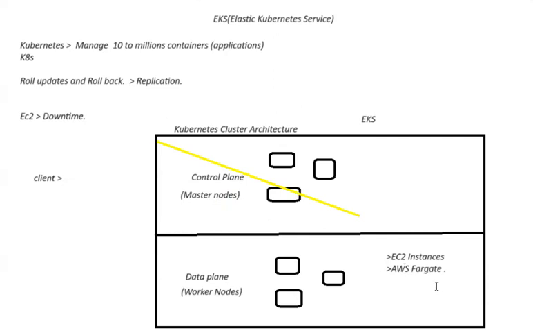If you choose Fargate, there is a high probability that your architecture will have high availability and be highly scalable. Since you have high availability and scalability, can I say the architecture formed by EKS, with the worker nodes or data plane formed by Fargate, will provide a robust architecture?